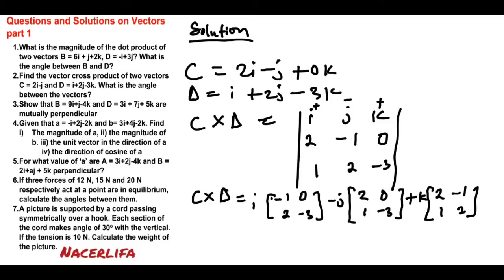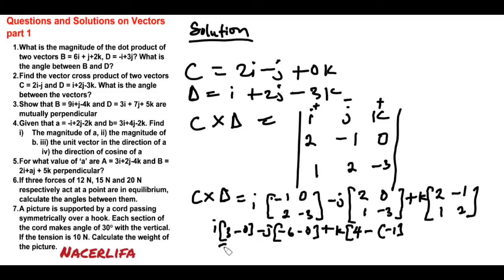So to do this now, we say this is I. This now will be minus 1 times minus 3 is 3, minus 2 times 0 is 0. Then minus J: 2 times minus 3 is minus 6, 1 times 0 is 0, so minus 0. Then plus K: 2 times 2 is 4, minus 1 times minus 1 is minus 1.